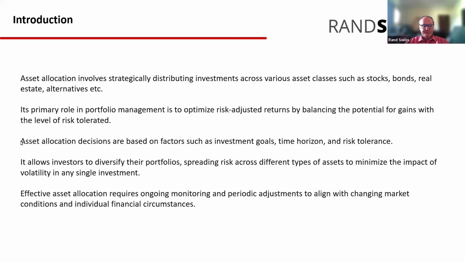Asset allocation decisions are based on factors such as investment goals, time horizon, and risk tolerance, and it's very important to understand your risk tolerance versus time horizon versus investment goals. So we may have an investment goal that is very high. You started saving for retirement too late or something like that. I'm just taking anything general now.